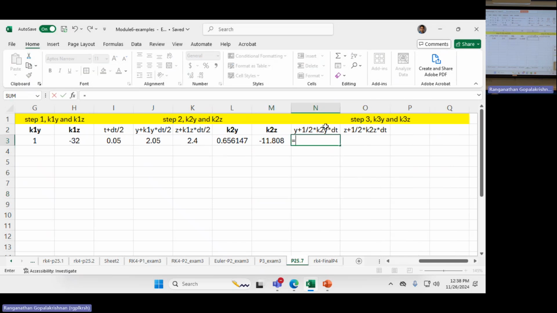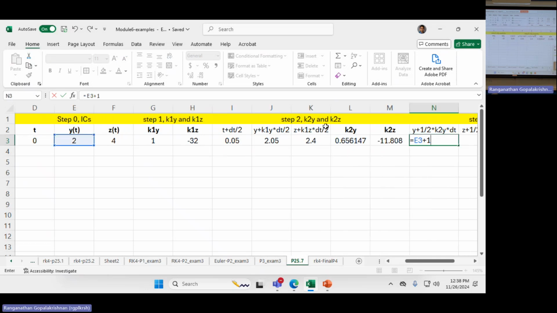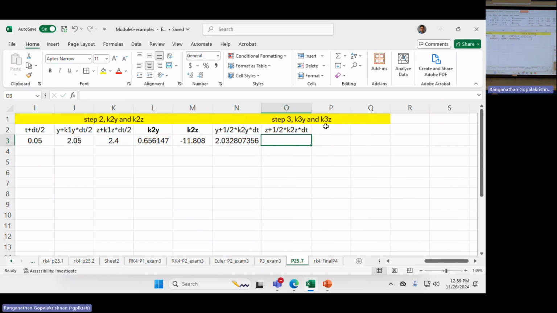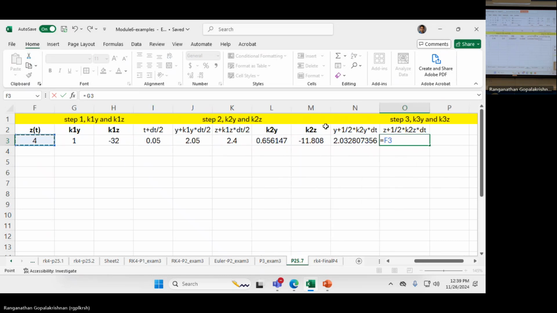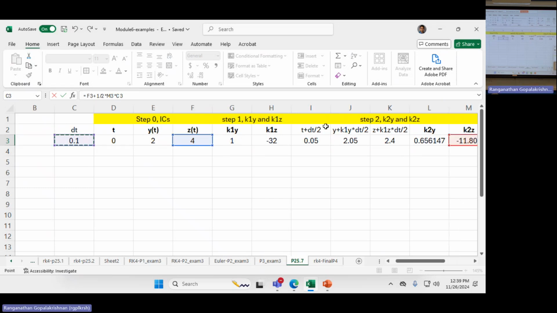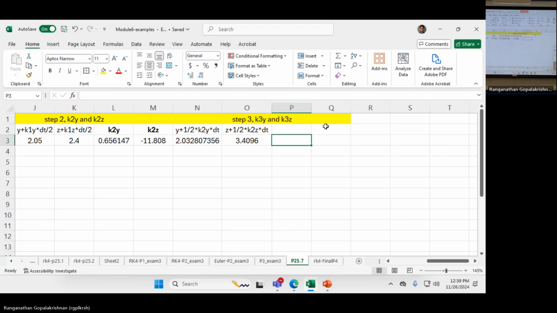So I take y plus half times k2y, which is here, times my dt, lock it, and then z plus half times k2z times dt, lock it. It would actually help you if you say this in your head while you're doing the problems. Say the formula, not loudly, but at least within your head. That's how it works for me when I practice things. Okay.